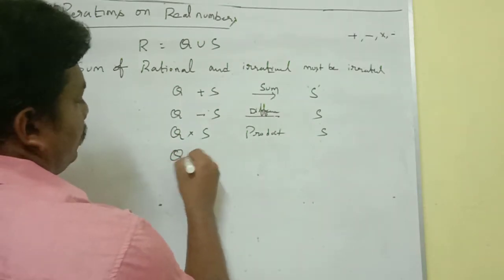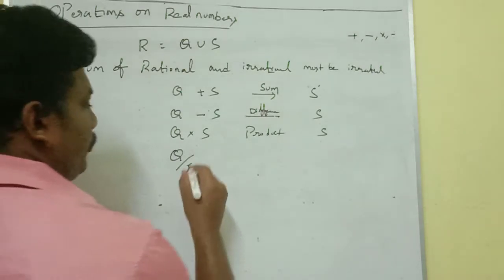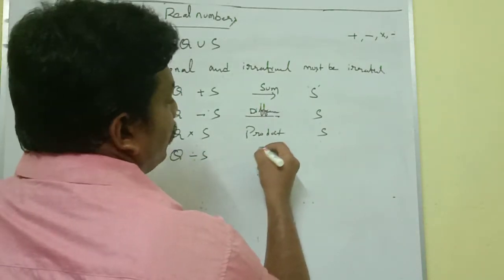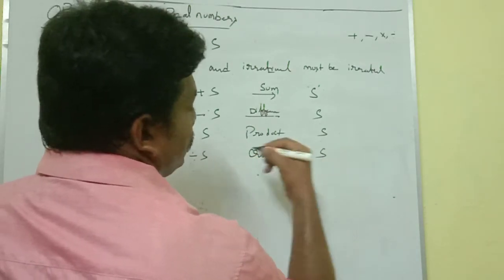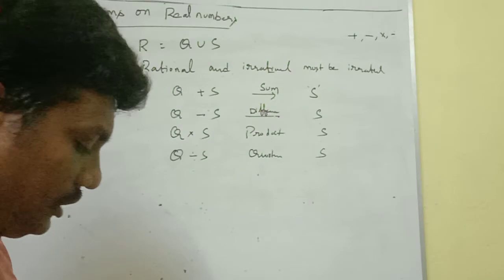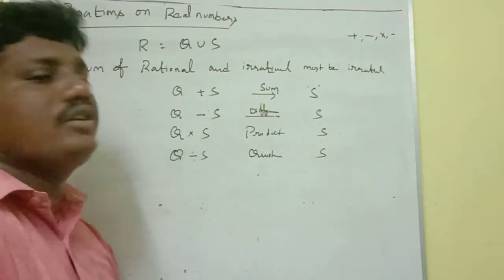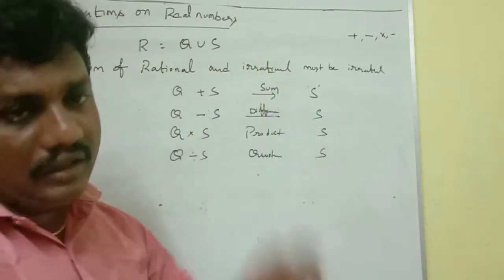The division of rational and irrational, called the quotient, is also an irrational number. It is nothing but the sum, difference, product and division of a rational and irrational is always an irrational number.